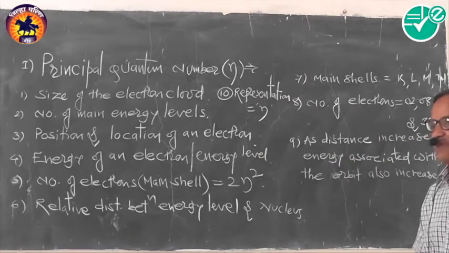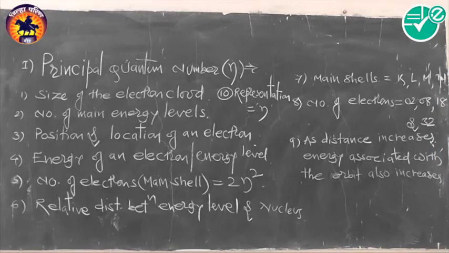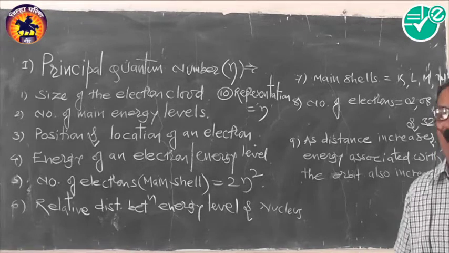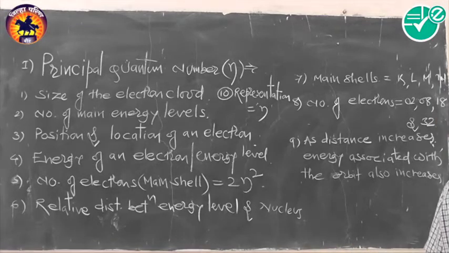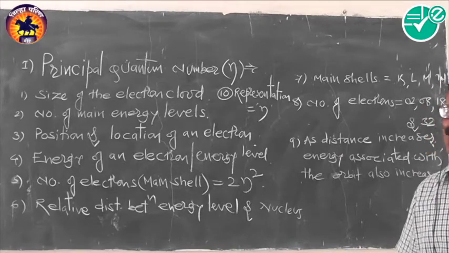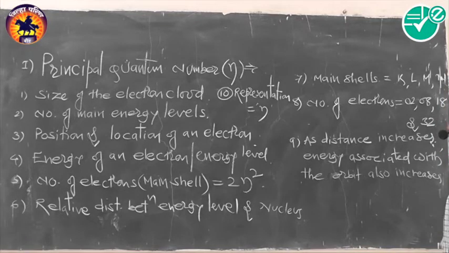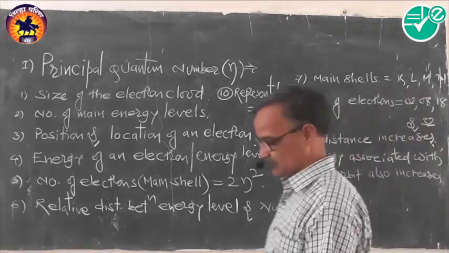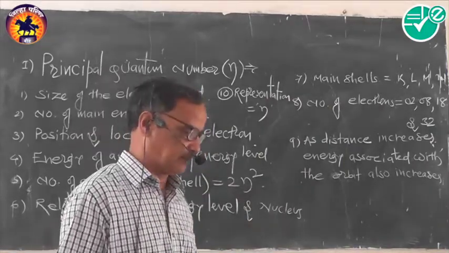On the basis of these definitions, characteristics or special features of the principal, azimuthal, magnetic and spin quantum numbers, the exact position of an electron around the nucleus can be determined or defined. So this is all about quantum numbers and their classification.